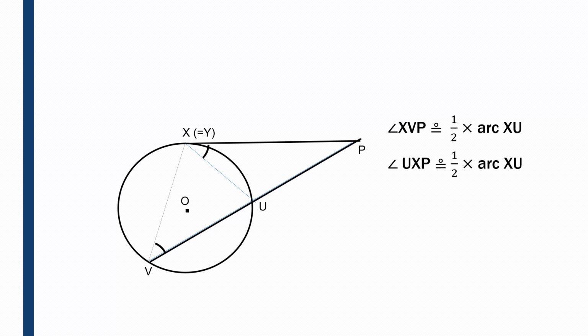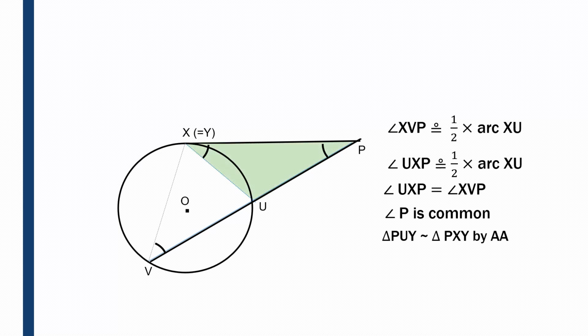Then angle UXP is equal to angle XVP, and we also know that angle P is common. So PVX and PXU are similar triangles by the AA similarity theorem.